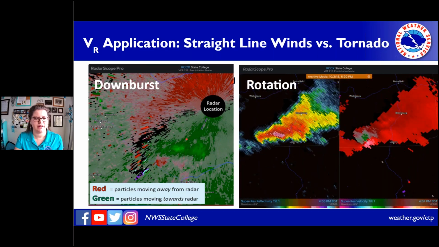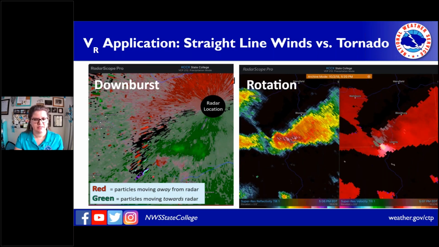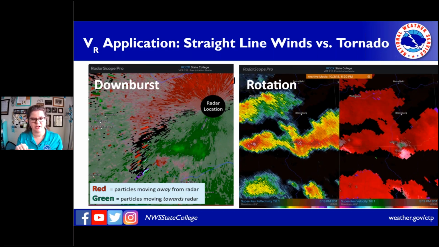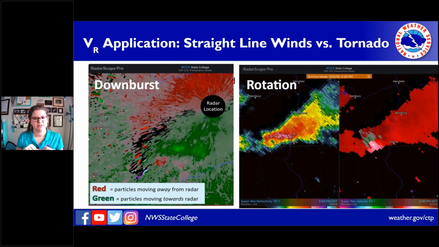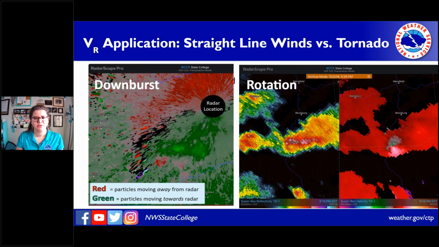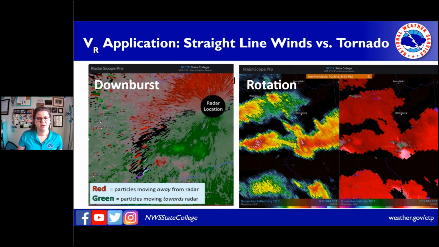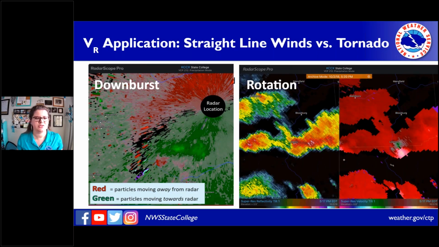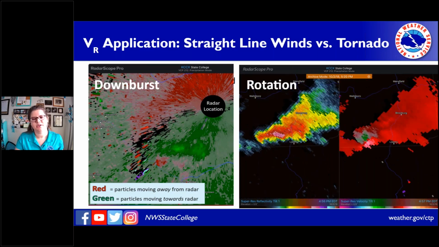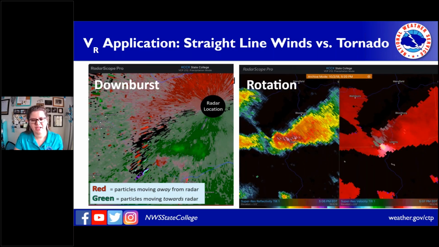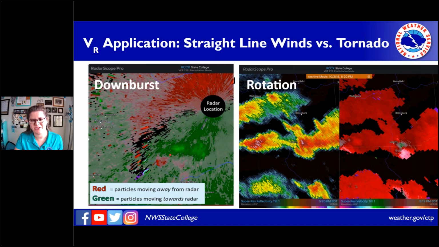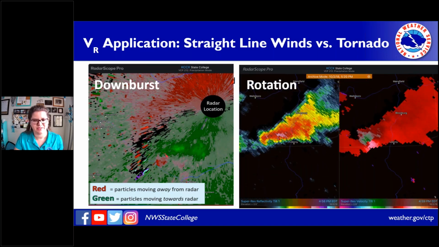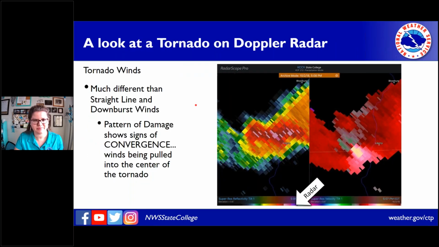So if you had red going away from the radar and then green going towards, you would have convergence. So this is a really good tool to be able to determine, okay, am I actually going to get a tornado here, or are we just getting really, really strong downburst winds? So radar can be used for a lot of different tools. Deciphering rotation and a tornado threat is one of them for sure.